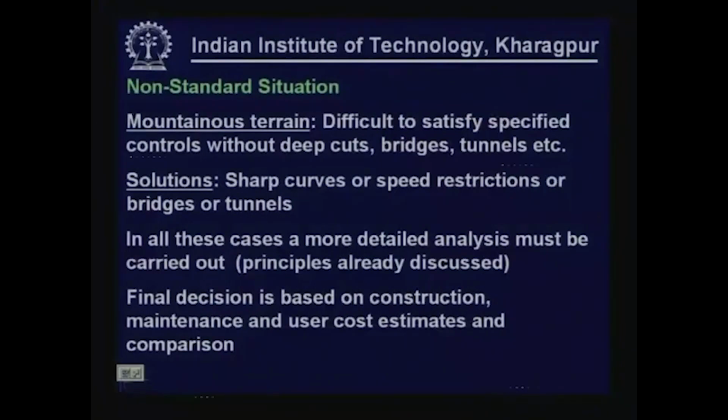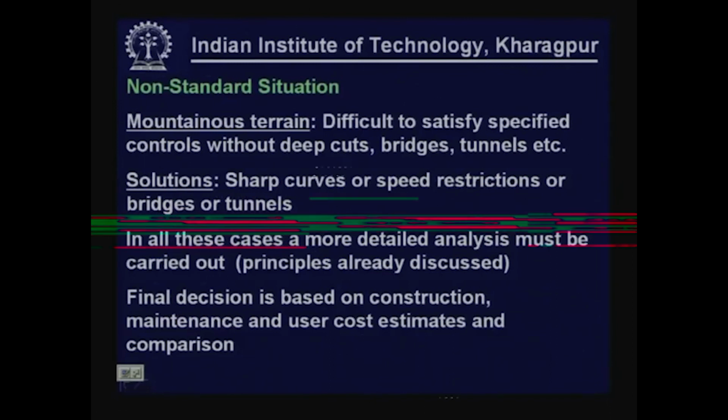Solutions are like this: either you take sharp curves or go for speed restrictions, or you construct bridges, tunnels, etc. So, either you go for heavy expensive construction, or else you compromise in terms of design standards. So, go for the speed reduction, maybe give some sharper curves, etc.